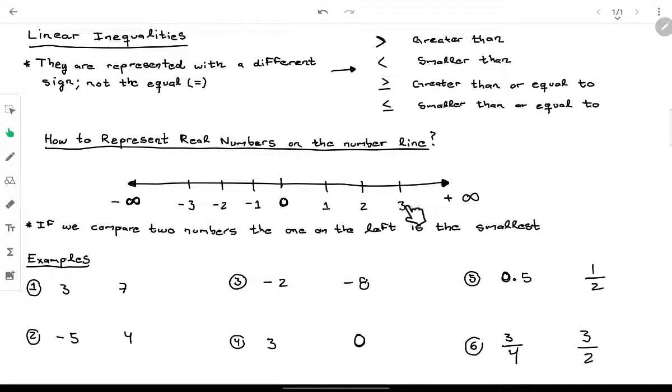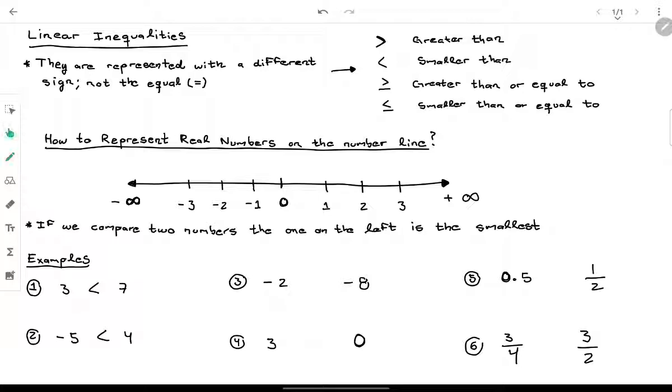The one on the left, the 3, is smaller. So 3 is smaller than 7. What about minus 5 and 4? Minus 5 is here and 4 is here, so minus 5 is smaller than 4 also.